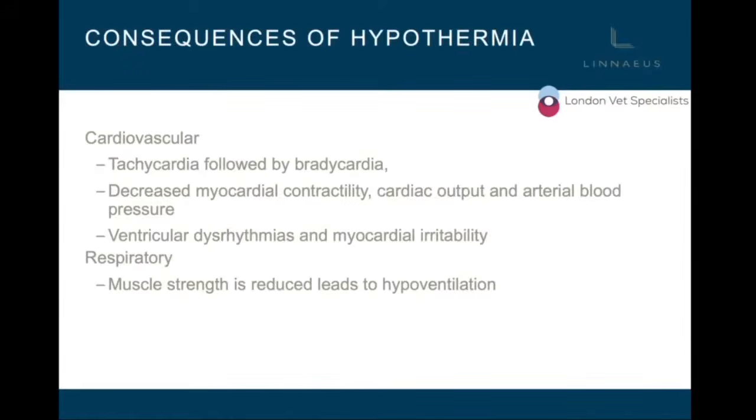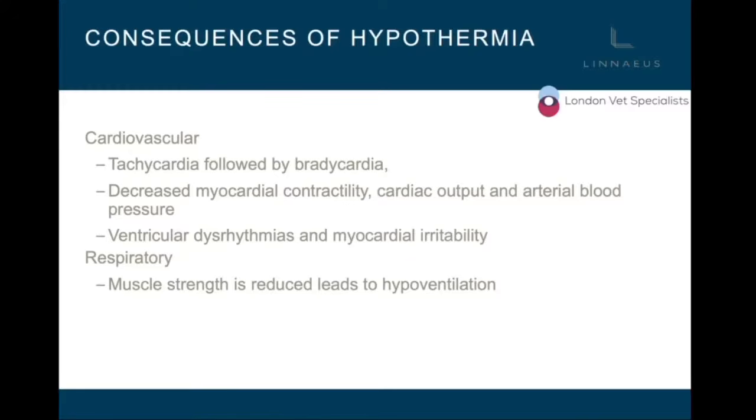Some consequences of hypothermia, there are many. I'll just run through these quickly, but every body system generally is affected by these abnormal body temperatures. So we may see both tachycardia and bradycardia depending on the degree of hypothermia, and myocardial contractility is reduced, and therefore cardiac output and blood pressure may also be reduced. Increased risk of arrhythmias again in hypothermic patients.